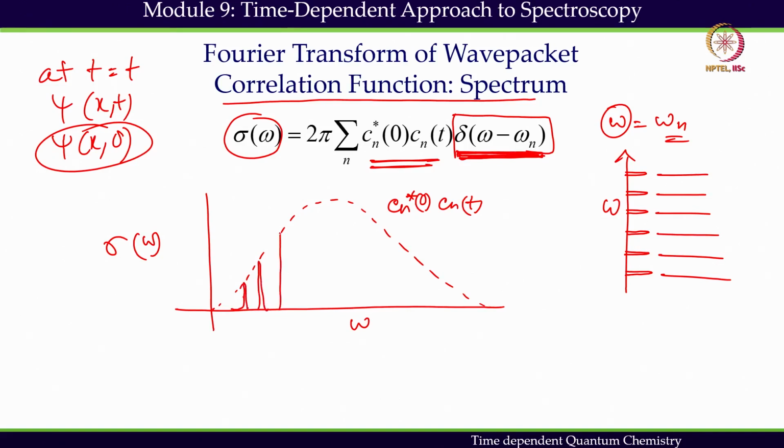This is the way I get the spectrum. This function exists only when it matches omega n, and omega n represents each stationary state of the Hamiltonian. So this is the way we are getting it.